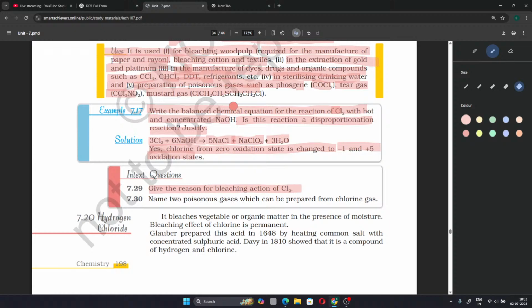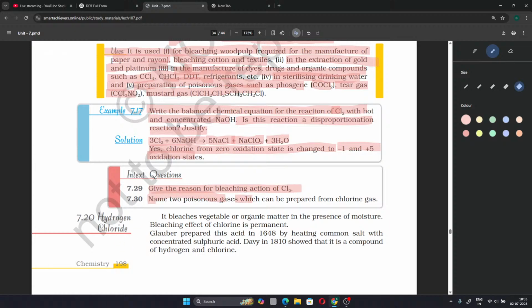This is the same case we saw in the ozone layer: ozone O3 can give out nascent oxygen and act as a strong oxidizing agent. In the same way, not chlorine but HOCl, giving out nascent oxygen, acts as a strong oxidizing agent. Because of this oxidizing property, it also gains a bleaching action.